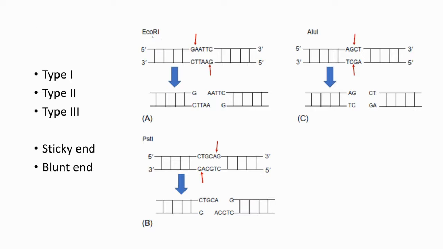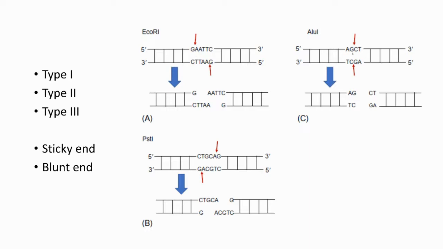The enzyme EcoR1 recognizes the 6 nucleotides GAATTC on the top strand, and the bottom strand, if you read it backward, is also GAATTC. So this is so-called inverse palindromic.